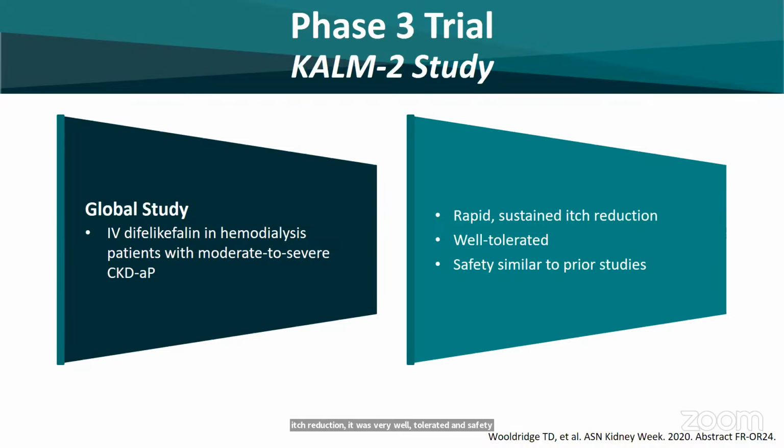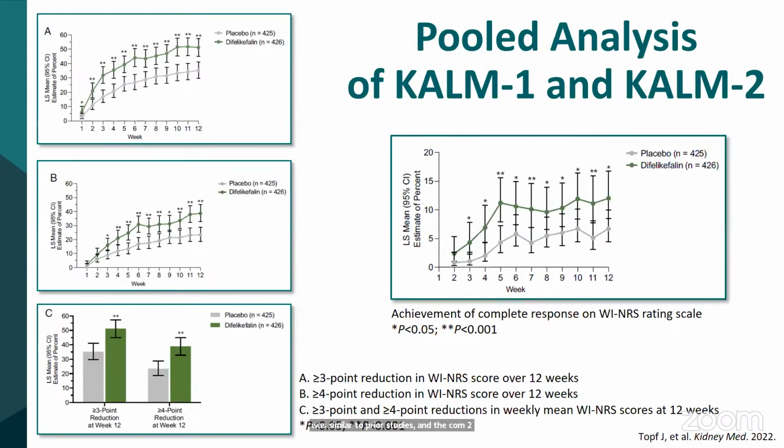So when you take a look at an analysis of CALM-1 and CALM-2, we can see across the board reductions in the WI-NRS score over 12 weeks, anywhere between a 3 and a 4-point reduction in the weekly mean in these patients compared to placebo.